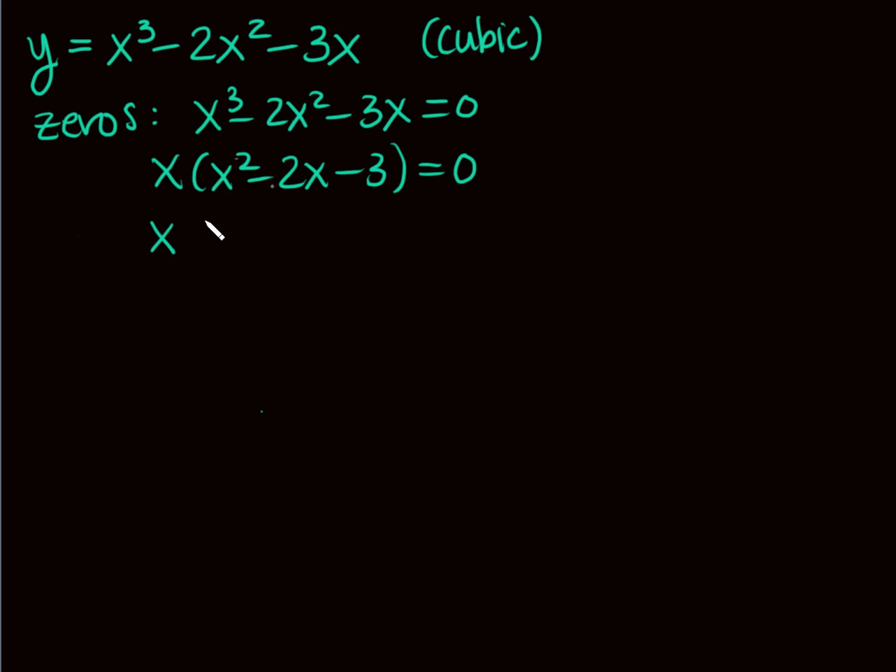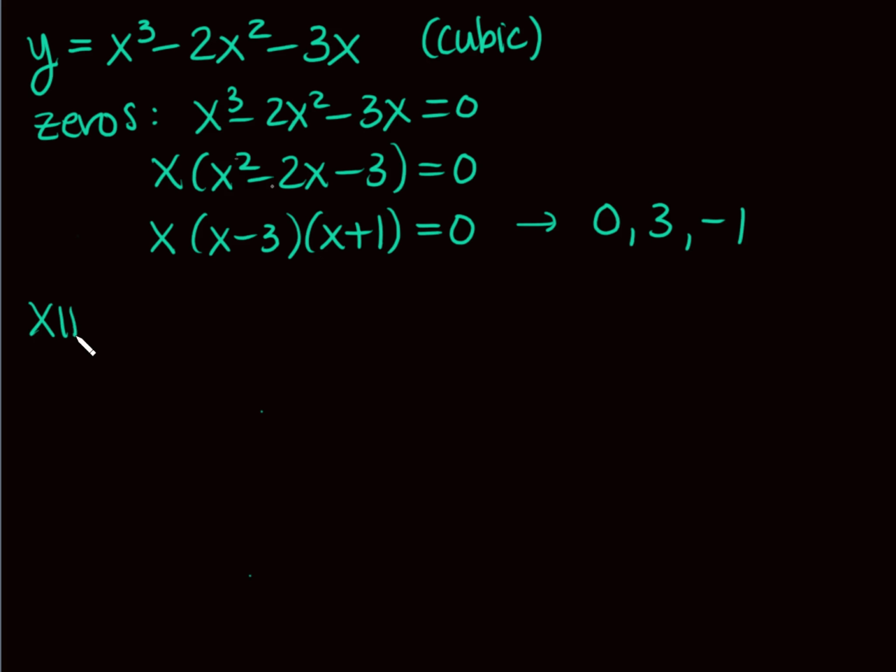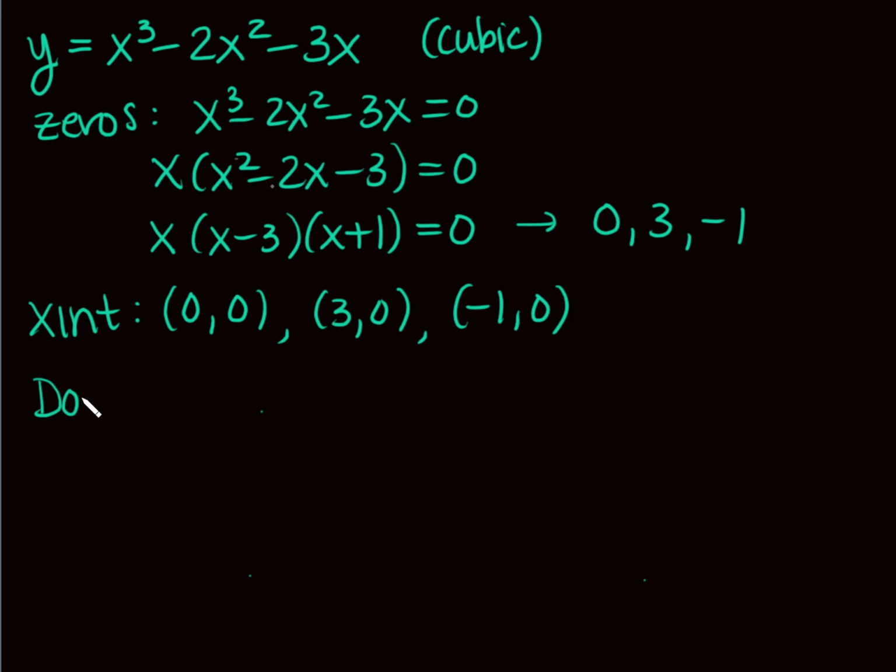So this is x times (x minus 3) times (x plus 1) equals 0. So what are my zeros? 0, 3, and -1. Likewise, that's what I have for my x-intercepts: (0, 0), (3, 0), so we go through the origin, and (-1, 0). My domain, definitely all real numbers.